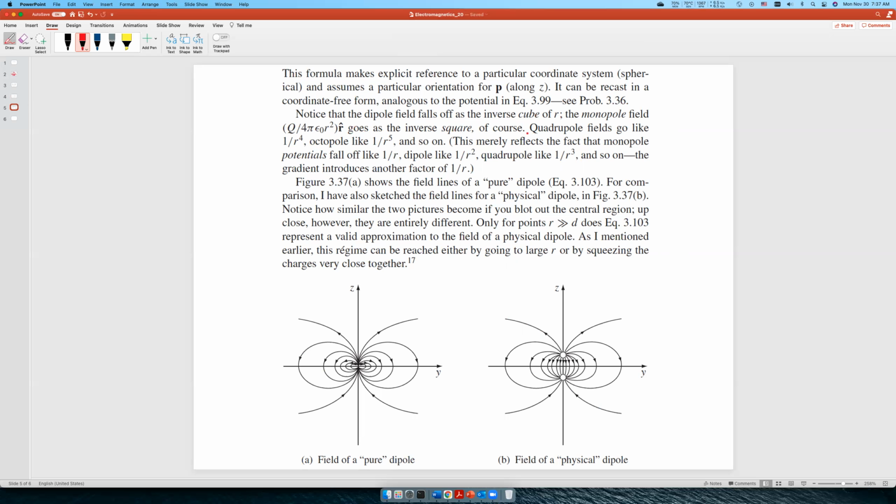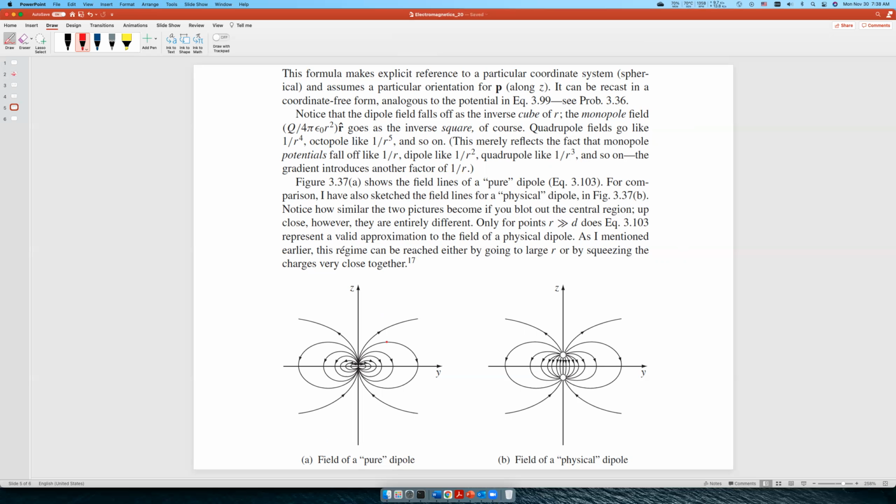And the quadrupole field goes like 1 over r to the 4, and the octupole decreases as 1 over r to the 5, and so on. So this merely reflects the fact that the monopole potential falls like 1 over r, the dipole falls like 1 over r squared, and so on. And then the gradient introduces another factor of 1 over r.